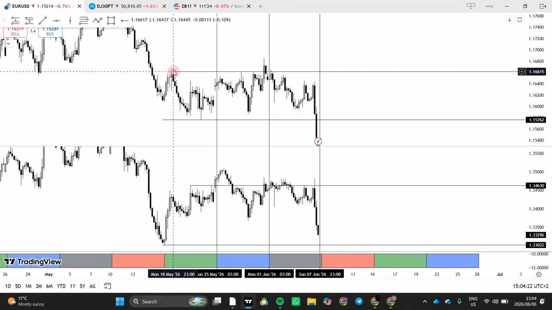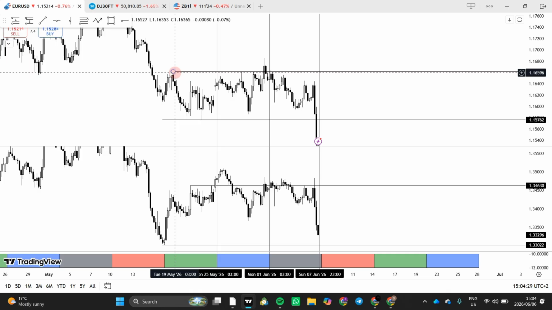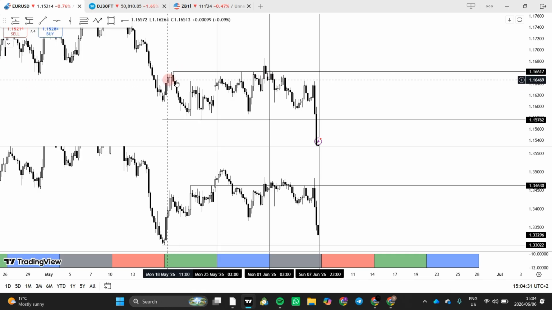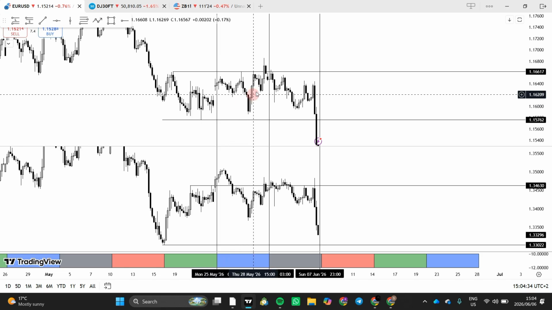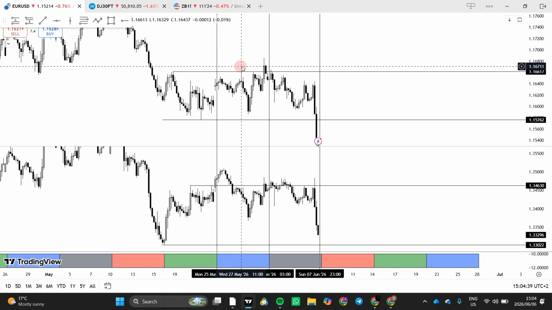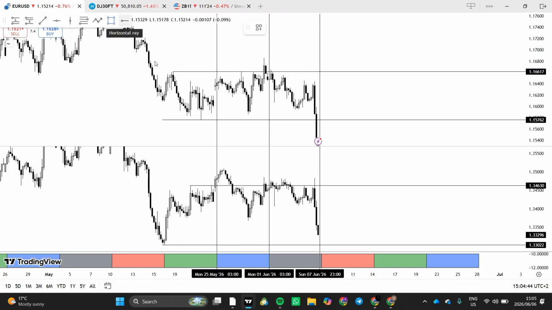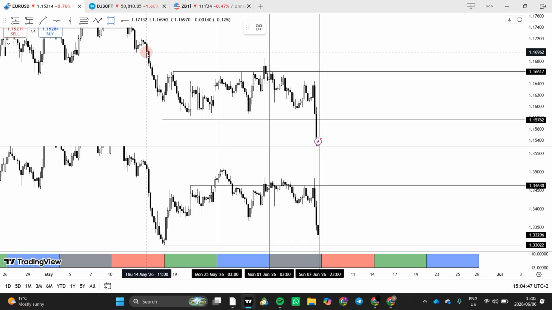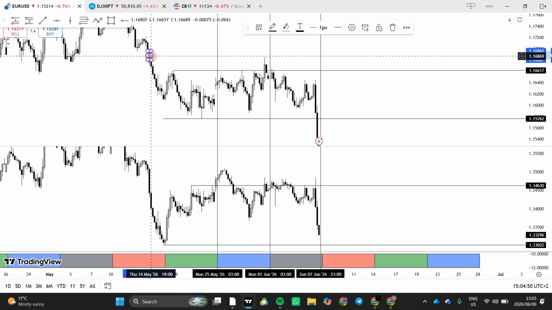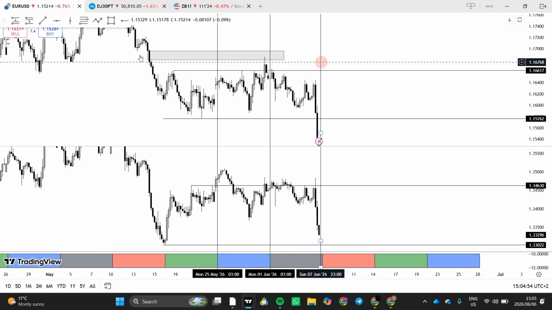The reason why I marked out this price is that you can see this was a liquidity point right over here. And the market went to take it out, entering our fair value gap right over here. Now where did the market stop inside the fair value gap? It stopped inside another fair value gap right over here.